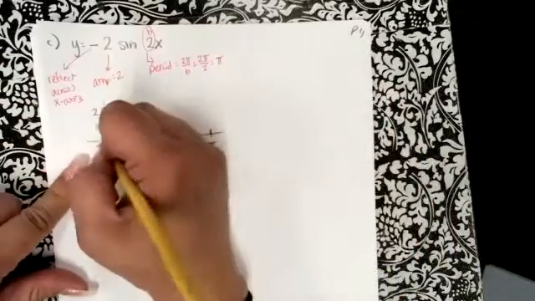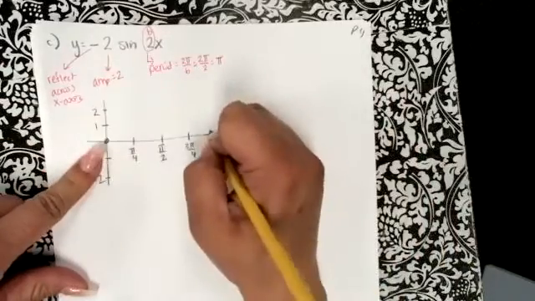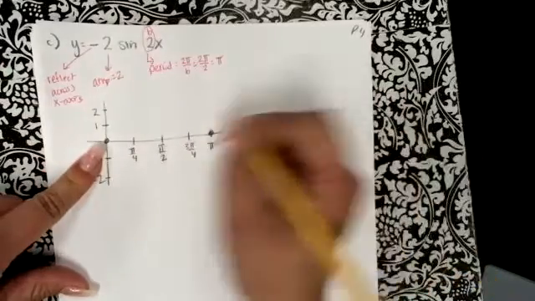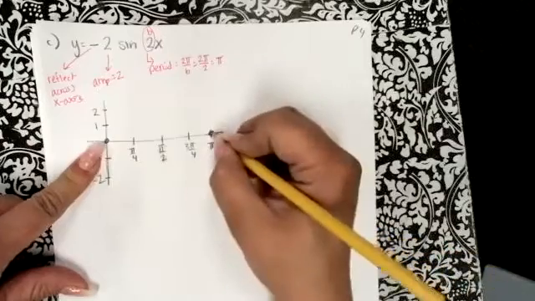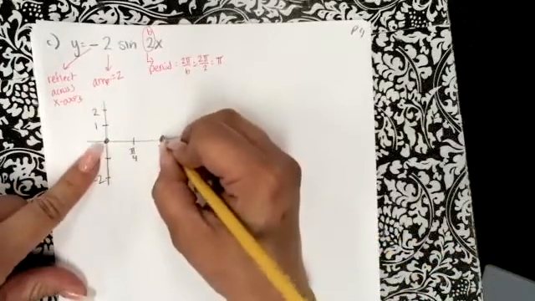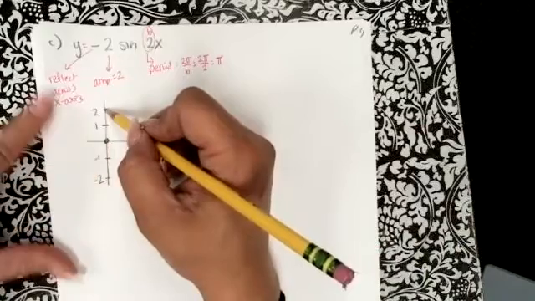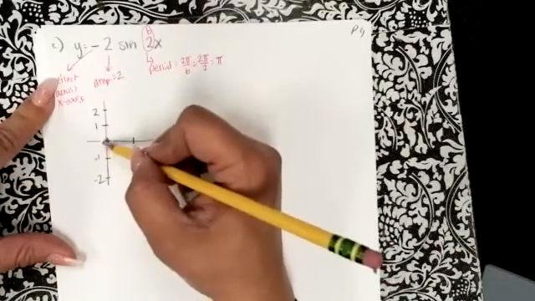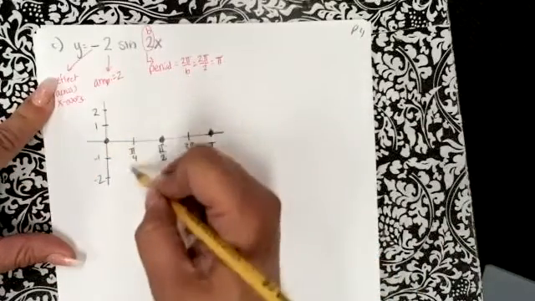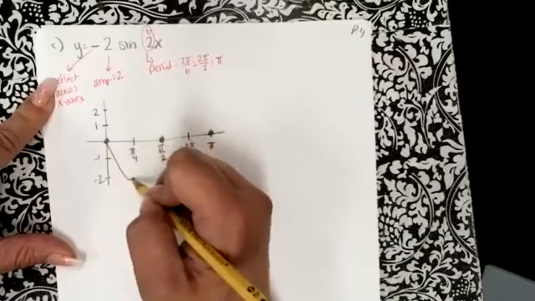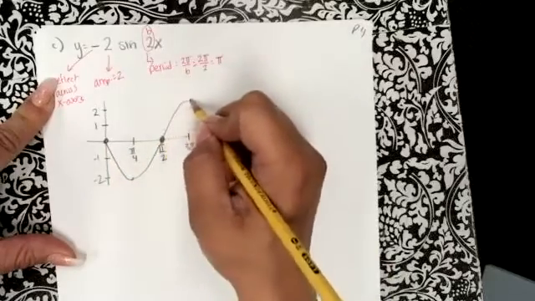Sine starts at 0, ends at 0. And then remember, it went up and then down. So it did cross the x-axis halfway in between. Now, the amplitude is going to be 2. However, because it's reflecting across the x-axis, instead of going up to 2, it's actually going to go down to -2 first and then up to 2.